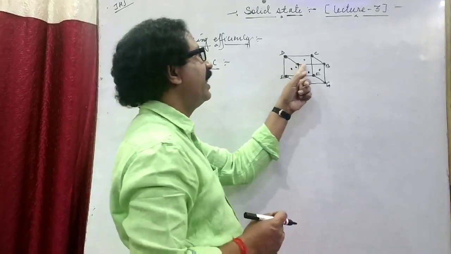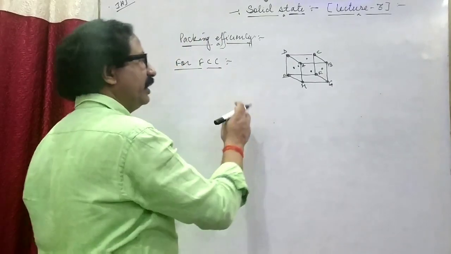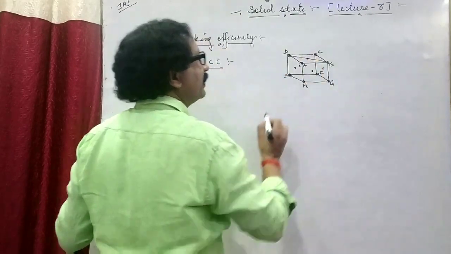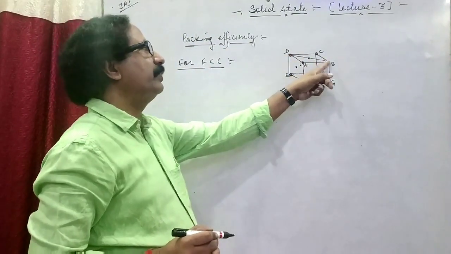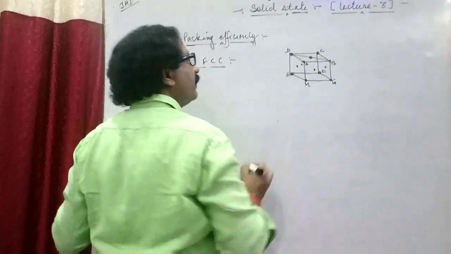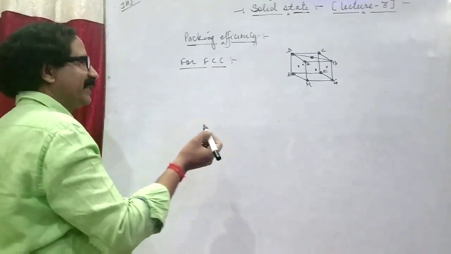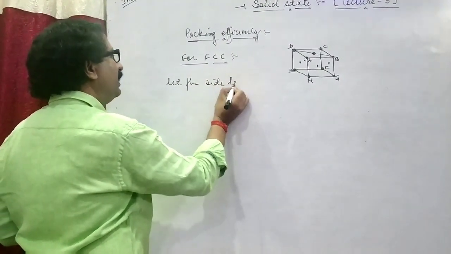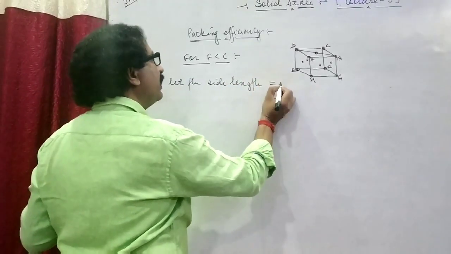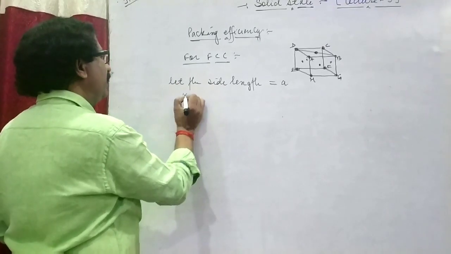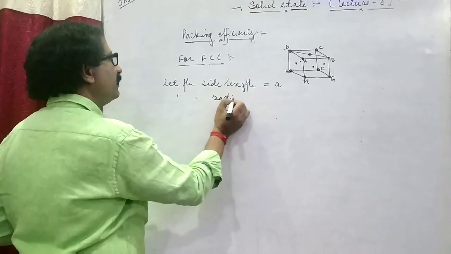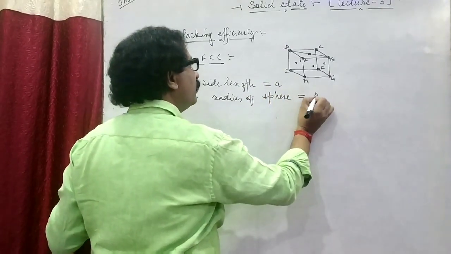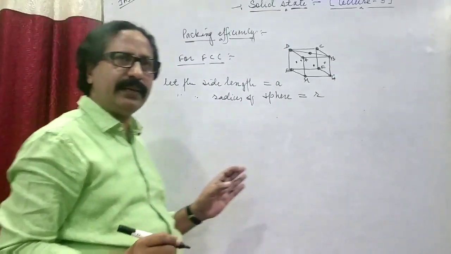Let us consider the face ABCD. Connect from D to B, touching this one. Correct? And in the same way, let the side length be equal to A, and let the radius of sphere be equal to R. Okay, clear?